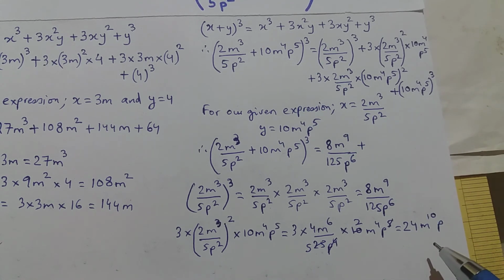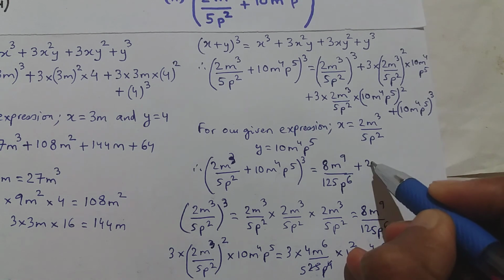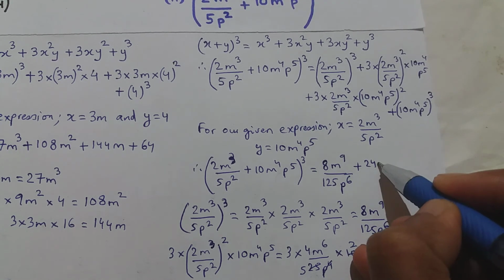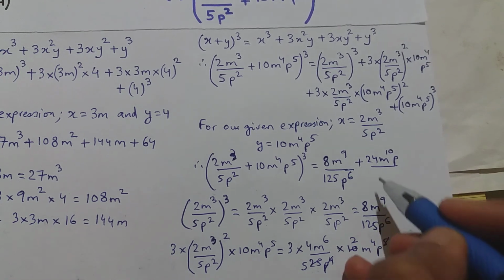So in the numerator I am having 24 m to the power 10 p upon, in the denominator I am having 5. So it becomes 24 m to the power 10 p upon 5.